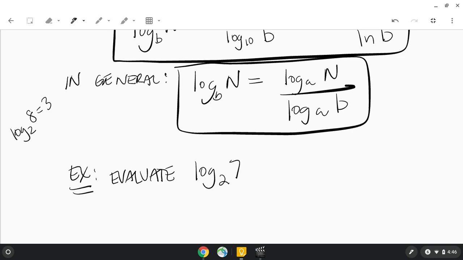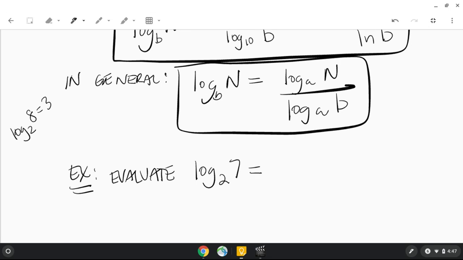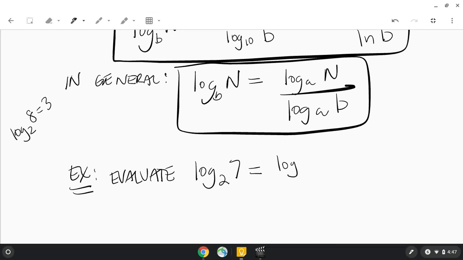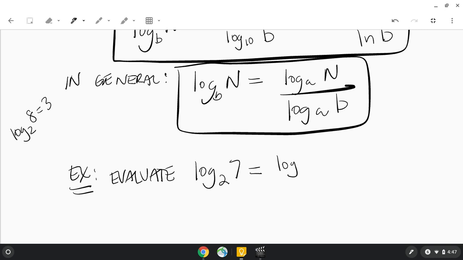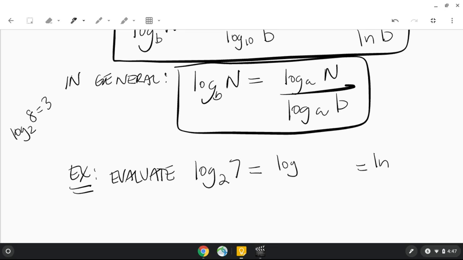So if you punch this into your calculator, you don't have a base 2, so you have to use your change of base formula and punch in log or ln, either one. So either one is fine. Okay, of 7.